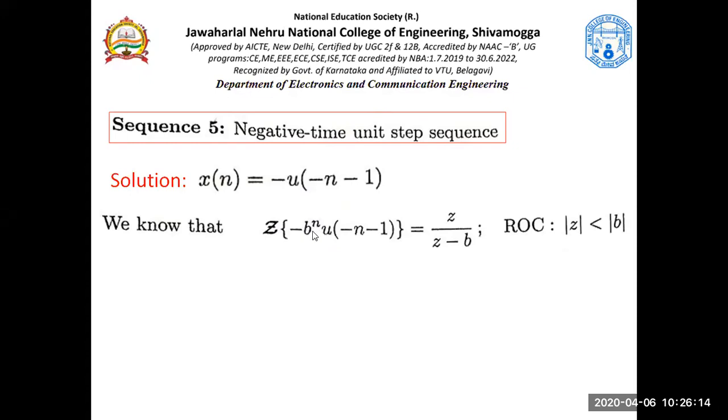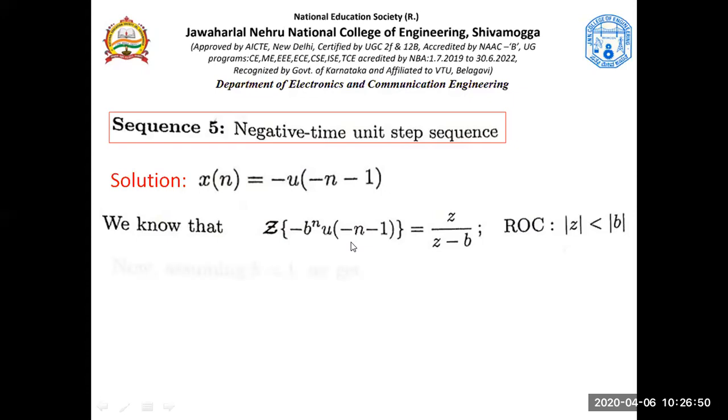So when b is equal to 1, the Z transform of this is z by z minus b, with region of convergence being inside the circle with |z| less than b. That means you draw a circle with radius b, and within that circle is the region of convergence. Here the region of convergence is inside the circle with radius 1, because b is 1.